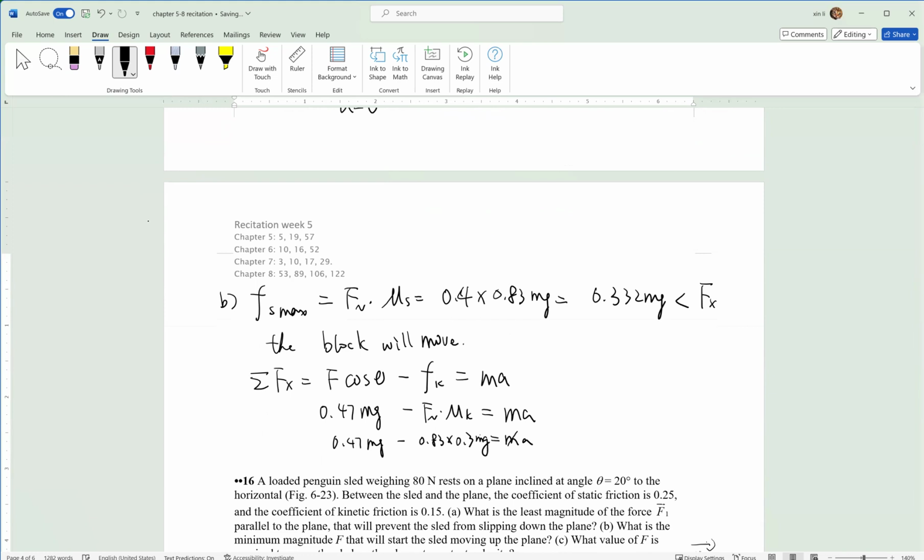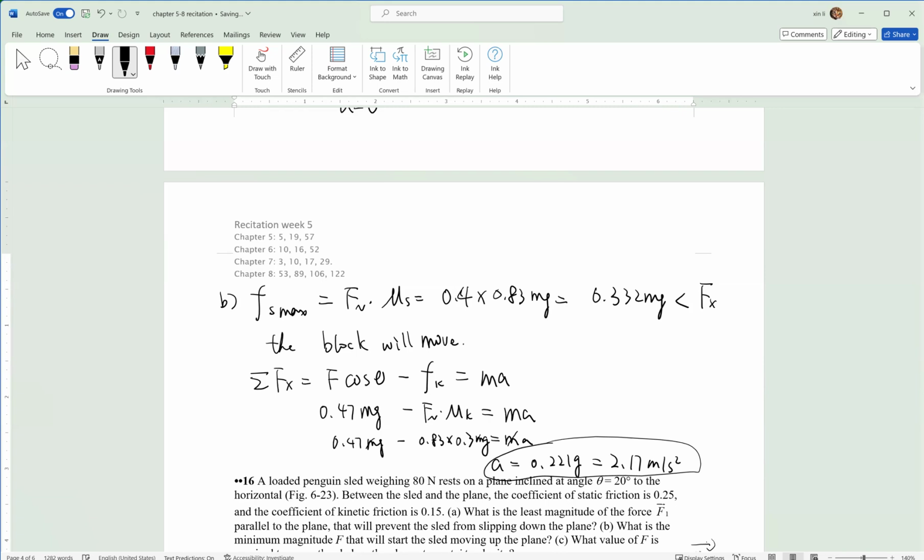And the mass gets crossed out for each term. So our acceleration will be equal to, do the calculation, you are going to get 0.221 g multiplied by g, and that's 2.17 meters per second squared. So for part B, it will move, and this is our acceleration.